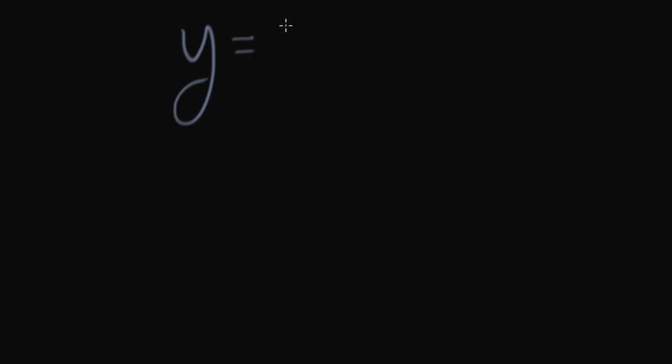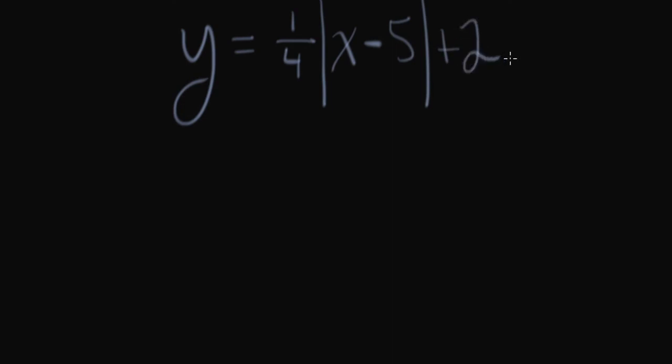So if I gave you something like 1/4 times the absolute value of x minus 5 plus 2, then that is going to start to say that my vertex is going to be 5, 2, and it's going to open up upwards and be very wide.